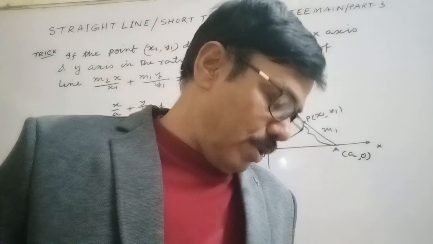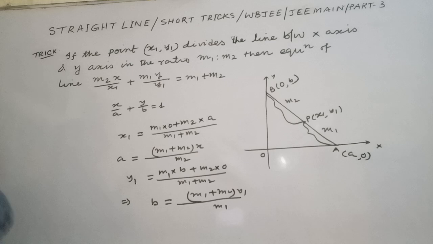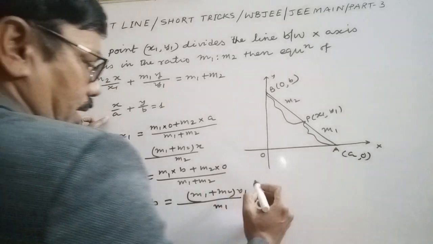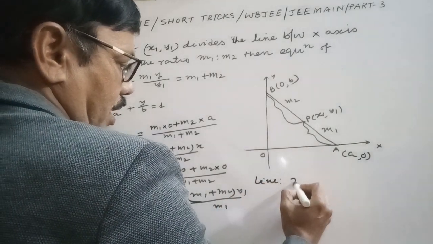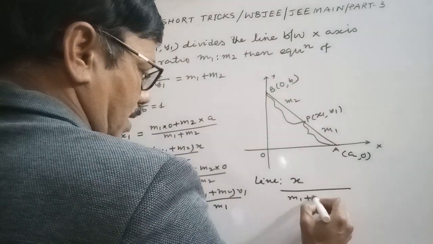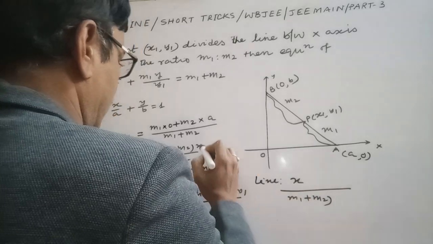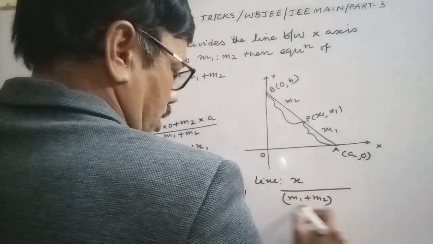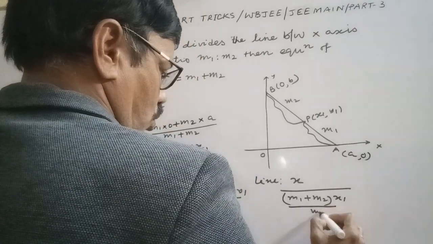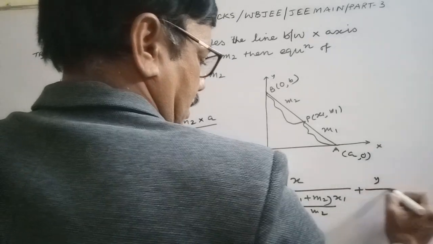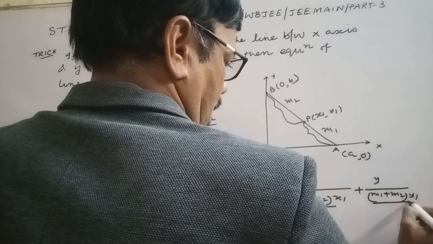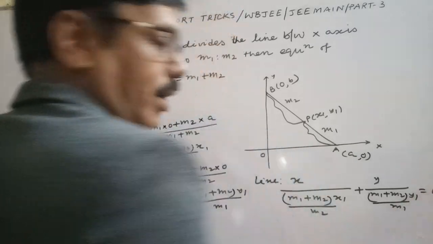So put the values of a and b in equation number 1. So what is the line? x by a, what is a? m1 plus m2 into x1 by m2, plus y by m1 plus m2 into y1 by m1 equals 1.